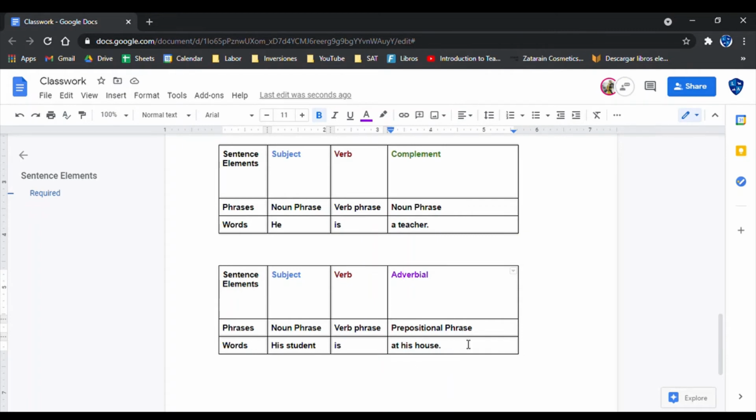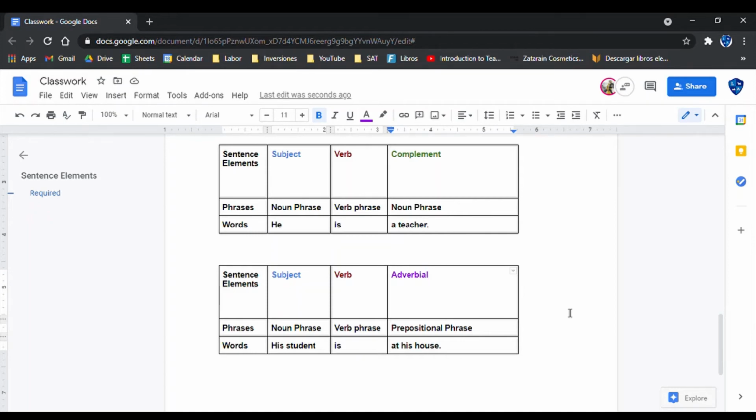Questions. Okay. These sentences can be switched, right? Maybe the adverbial is in the beginning and the subject is at the end, but all the sentences have to have a subject and a verb, right?